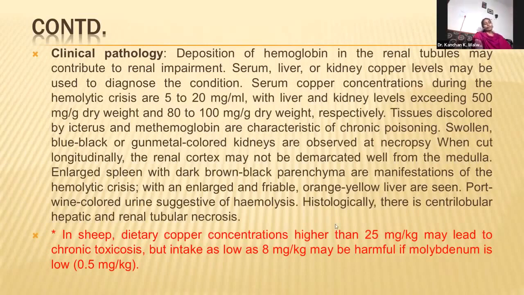If you go for histopathological examination of the liver and the kidney, then you will find necrosis, that is centrilobar necrosis. So in sheep, if the dietary copper concentration is more than 25 milligram per kg, it leads to chronic toxicosis.